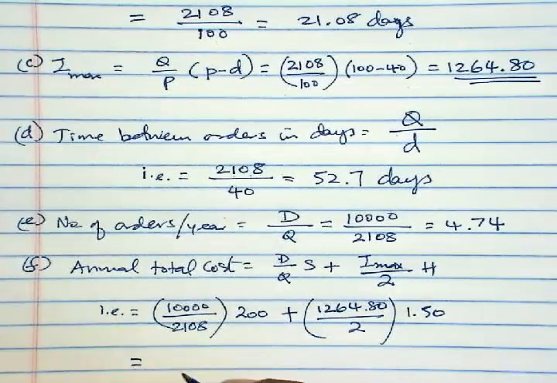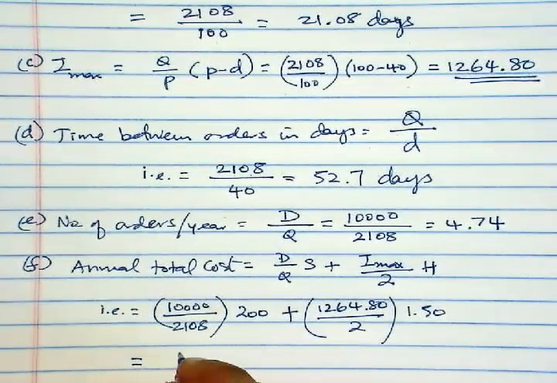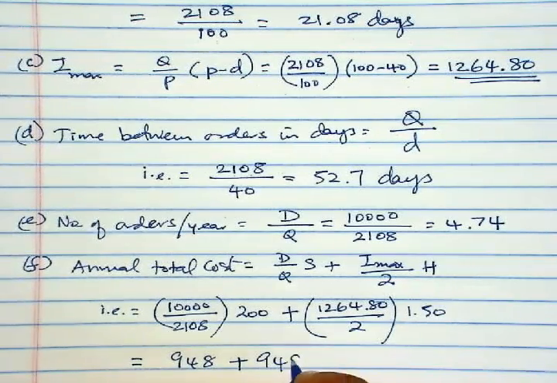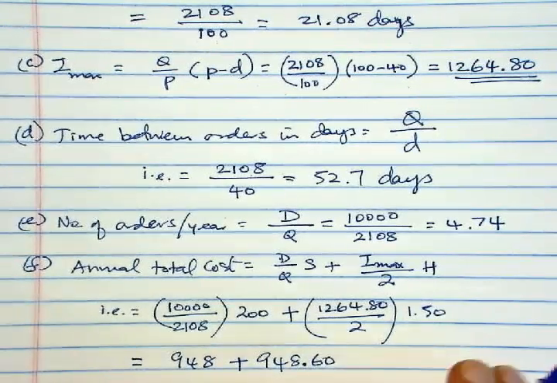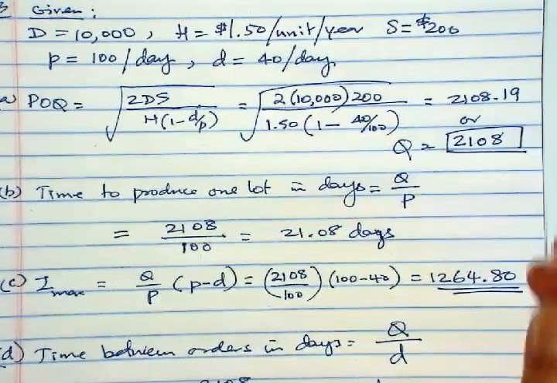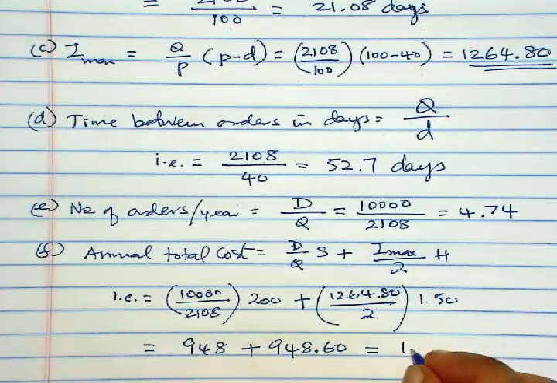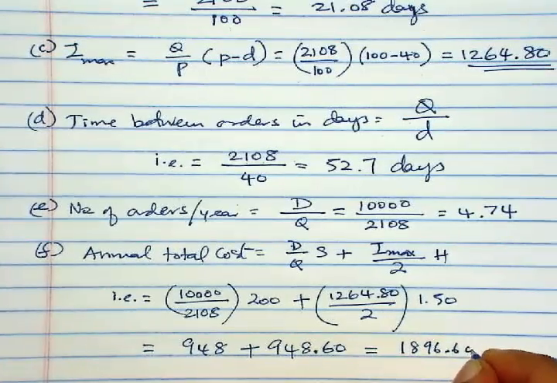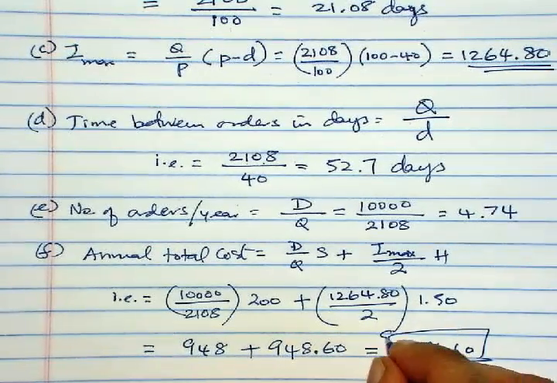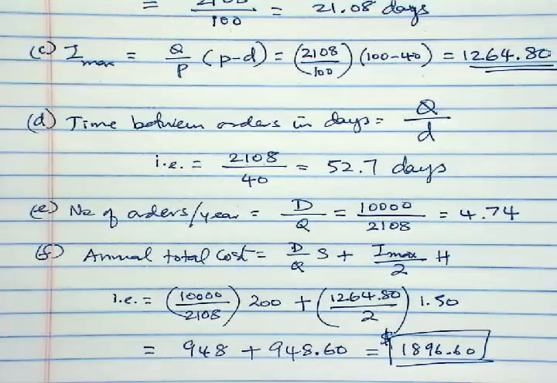So that is equal to 948 for annual setup cost and 948.60. Okay, and because we rounded here, that's the reason why it is not exactly the same, but it's almost the same. So that will give us 1896.60. So that's our total annual cost.